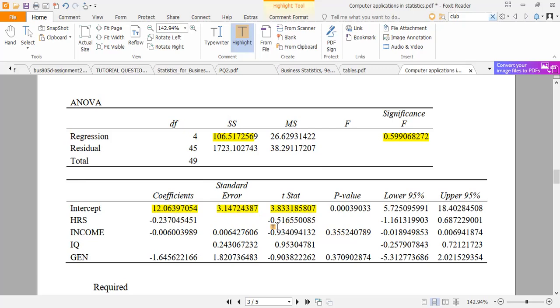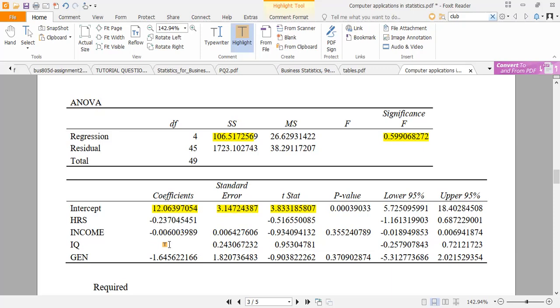If you compute this, you pick a calculator and punch negative 0.237 divided by negative 0.517. The standard error you get is 0.4584139. So that will be the standard error here.